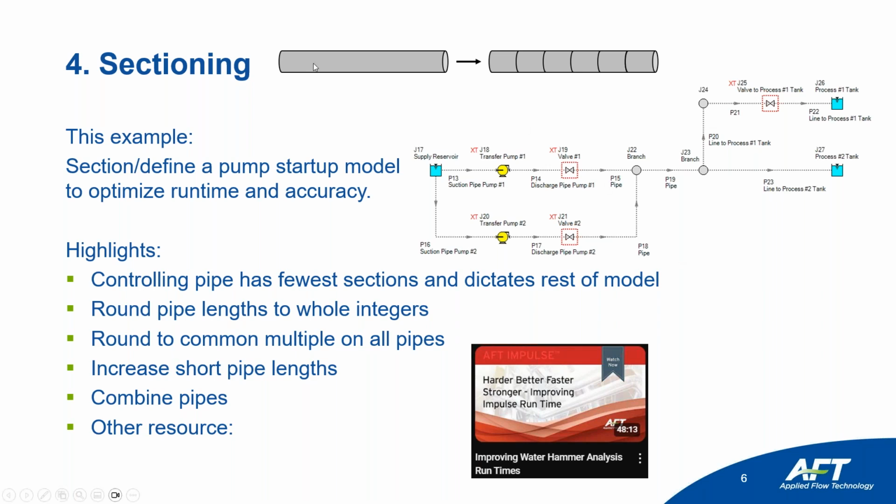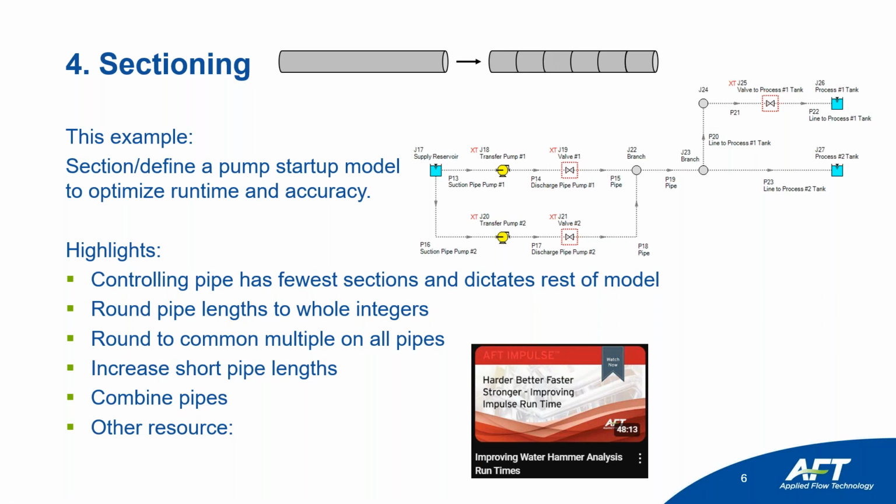So instead of just giving you output at the beginning and the end of a pipe, we have to section it up, and at each one of these interfaces between the different sections, we call these computing stations. And at each one of these computing stations, we're giving you parameters such as pressures, flows, and anything that you would imagine that AFT Impulse would give you. So we have to section up the pipes, and at each one of these computing stations, we give you all of those parameters.